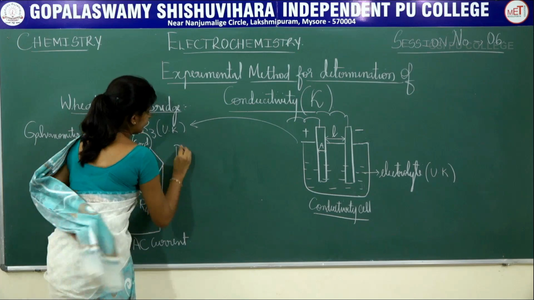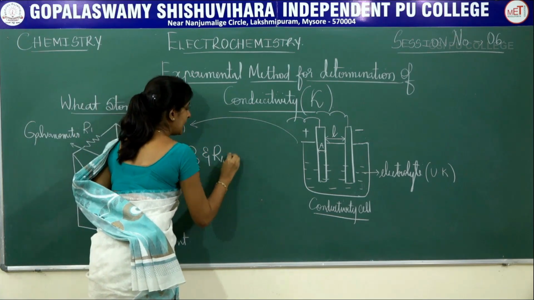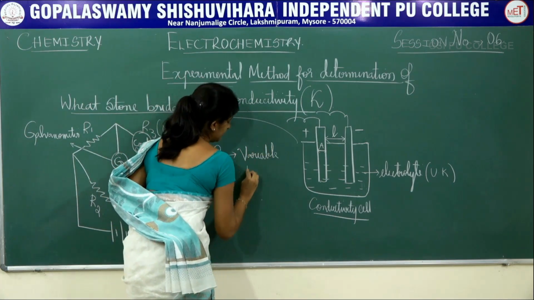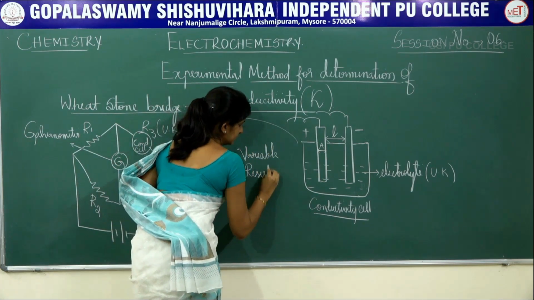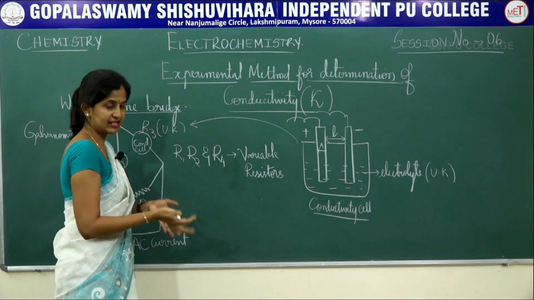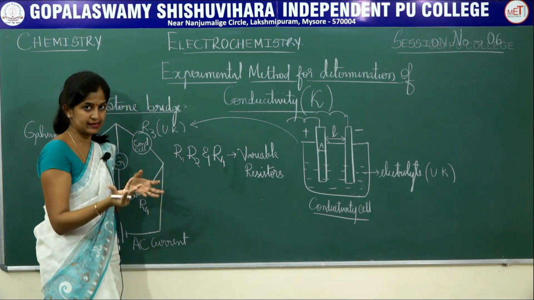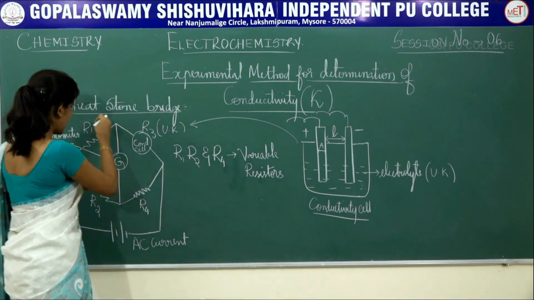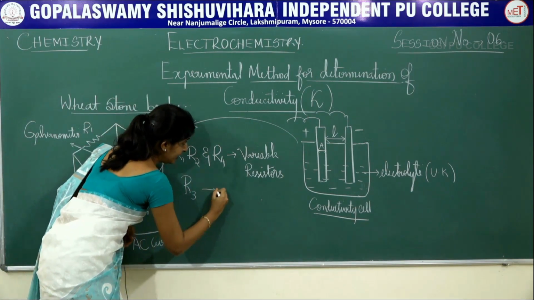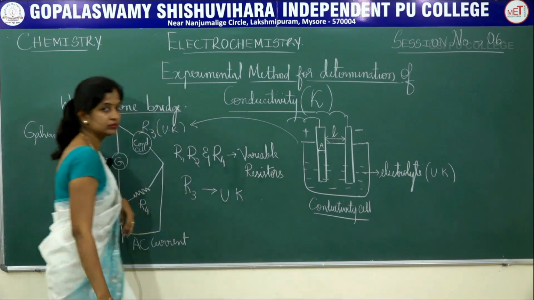So R1, R2 and R4 are variable resistors. I think you have seen the resistors in your physics lab. So you can add the resistance, you can remove the resistance. So you can do anything with your R1, R2 and R4. While R3 is your conductivity cell, this is your R3, it is unknown.